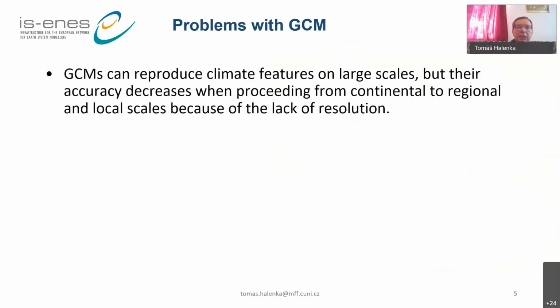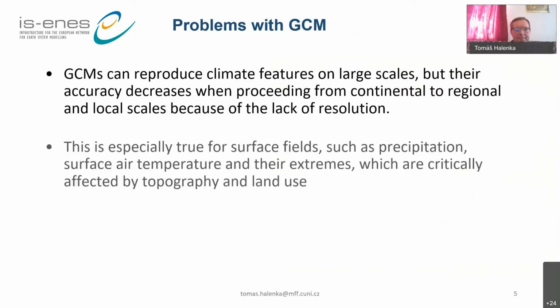Well, we have some problems with GCMs, as we already summarized in some way. They can reproduce climate features on large scales, but their accuracy really decreases when you move from continental to regional and even local scales, just because of the lack of resolution.